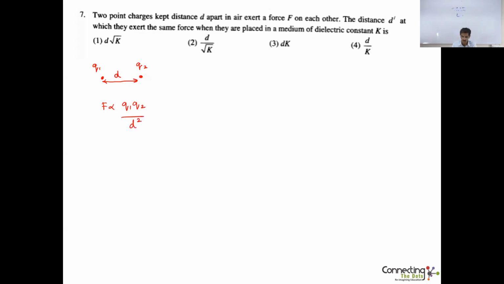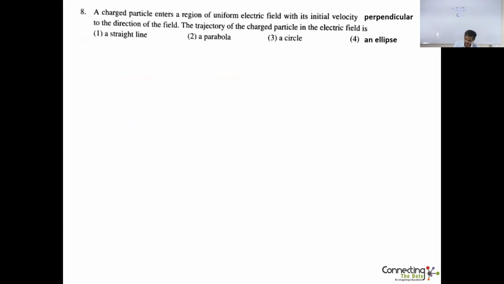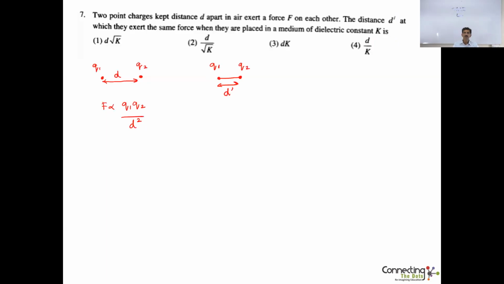But when the same 2 charges are kept in a different medium, they are kept at a different distance, and the distance is d dash, right? And there is a dielectric medium, and the constant is K. And in this case, the force becomes Q1 Q2 by K d square. The force has reduced. So these 2 forces are equal.